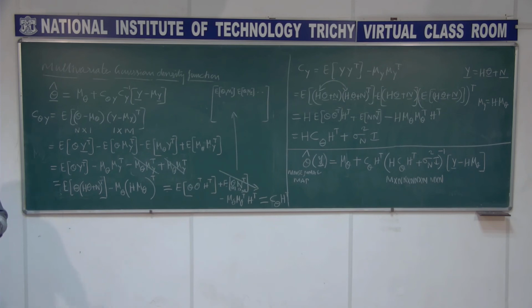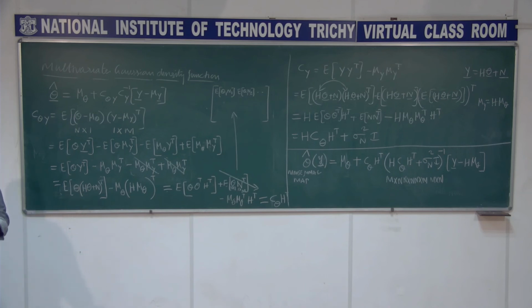Okay, well, we assume this theta is what? Gaussian distributed. That is very important. If it is not Gaussian distributed, we don't know what distribution theta is. So if it is Gaussian, then only we can go for any of these techniques.